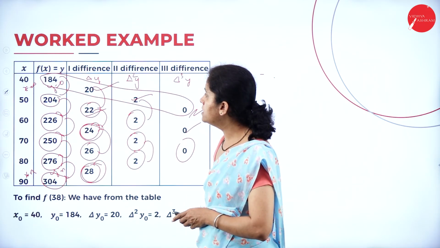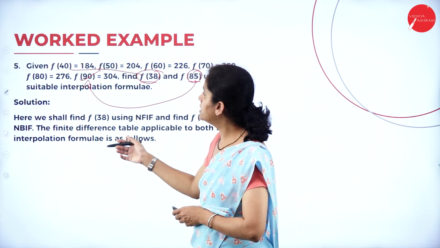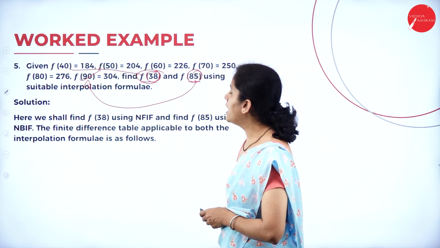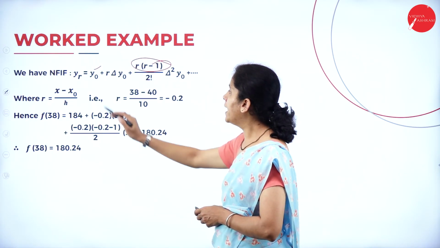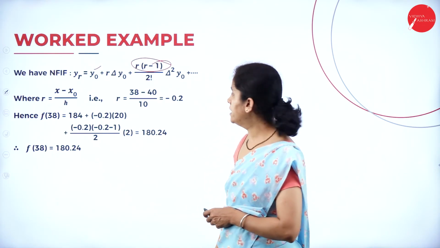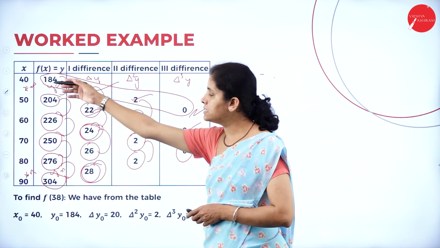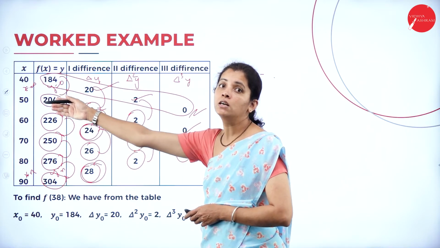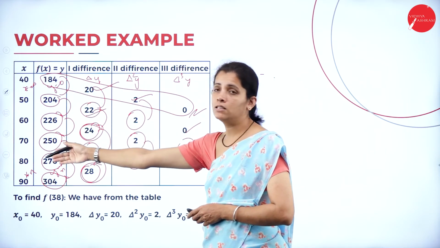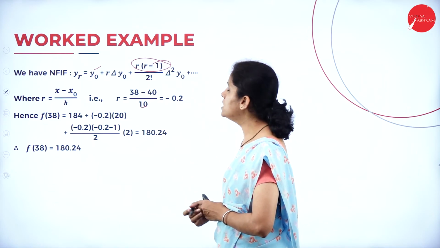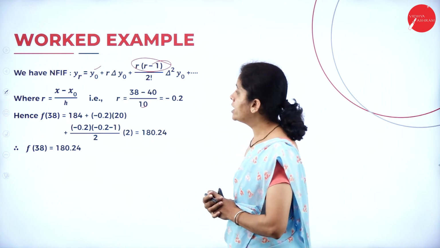What is x here? x is nothing but 38. And what about x naught? That is 40. So, 38 minus 40, and if I consider the values, what is the distance? That is 10. And it is minus 0.2.